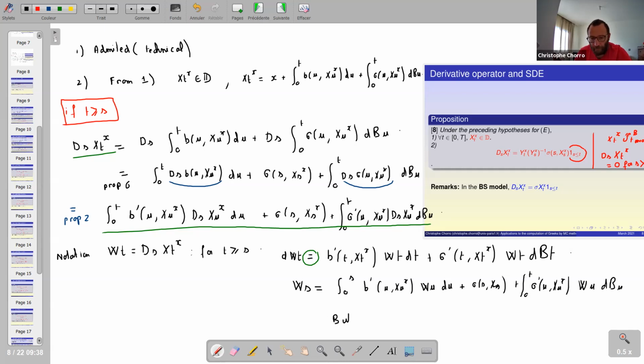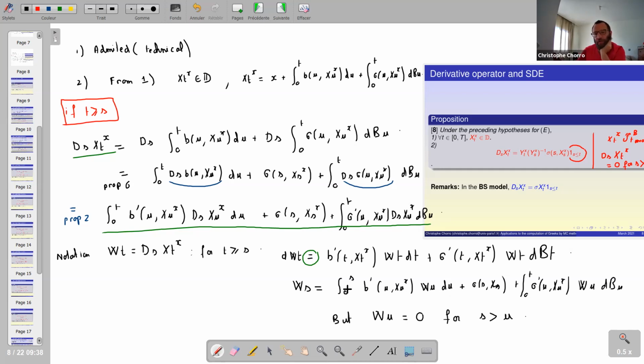But I have that Wu is equal to 0 for u strictly greater than s. Excuse me, Wu is ds, so I have done a little mistake here. It is equal to 0 for s greater than u.